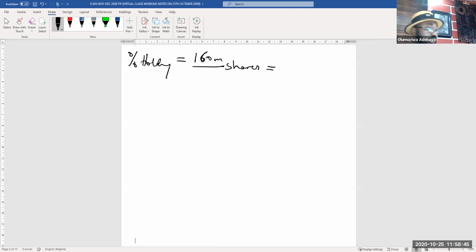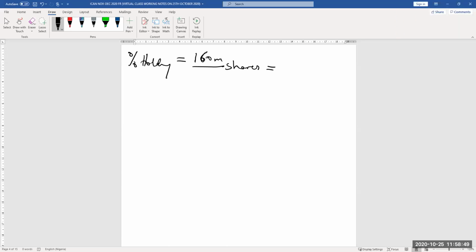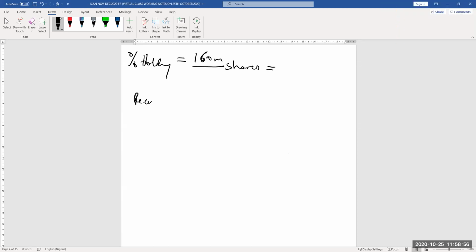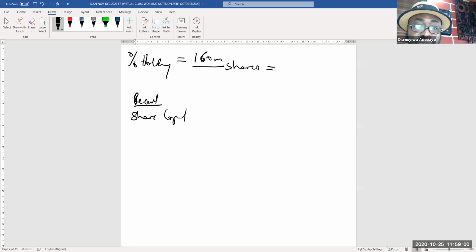They didn't give us the number of shares in the subsidiary, but they gave us the share capital of the subsidiary. What is the share capital of the subsidiary? 100 million. The share capital of Suzy is 100 million naira.